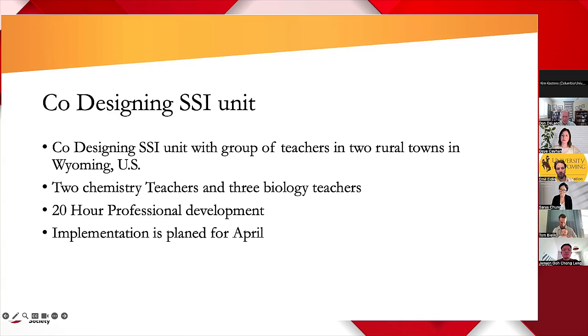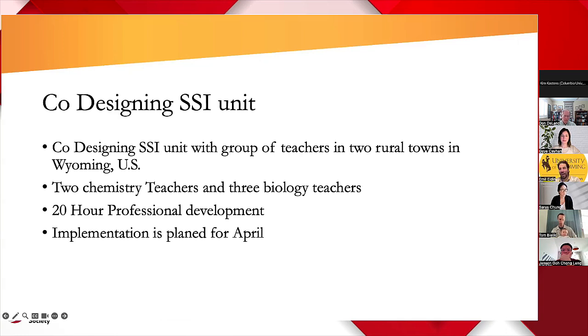When we talk about rural, I know rural is, for some, a contentious term, but let me give you an understanding of the rurality of Wyoming. Wyoming is 253,600 square kilometers in size, a little larger as a state than the UK, and it has about 500,000 residents.